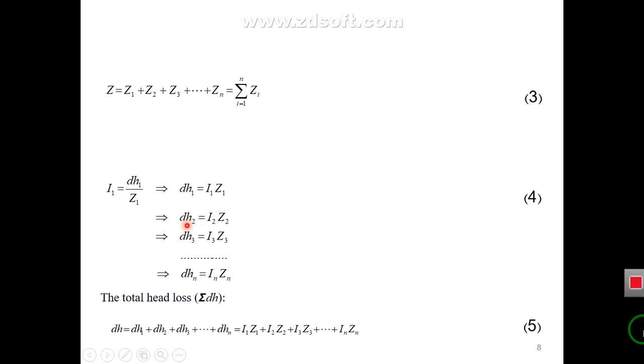Similarly, dH2 is equal to I2 multiplied by Z2, and finally dHn is equal to In multiplied by Zn, and the total head loss is eventually calculated using this equation. dH is equal to dH1 plus dH2 plus dH3 and plus dHn, equal to I1 Z1 plus I2 Z2 plus I3 Z3 and plus In Zn.